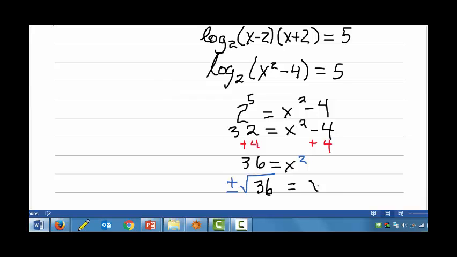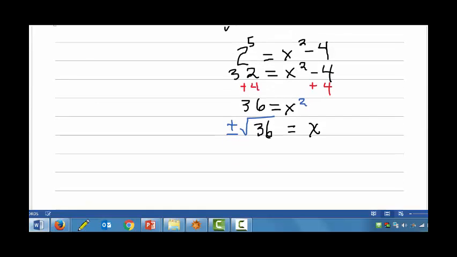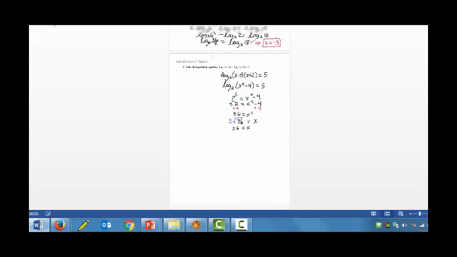So I can always use the square root property when I have something being squared on one side of the equation and a constant on the other side. So plus or minus 6 is equal to x. And remember, we have to go back to the original equation.